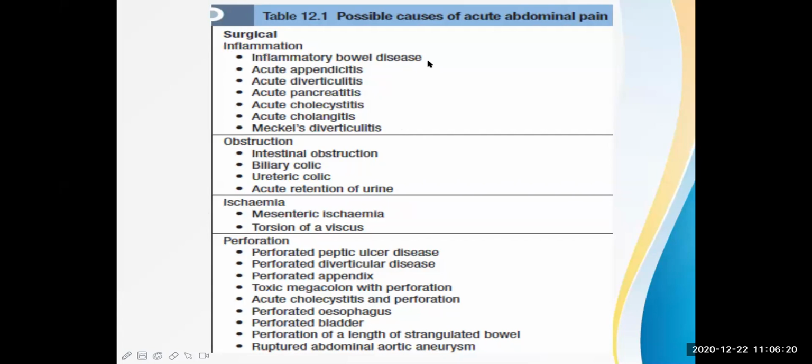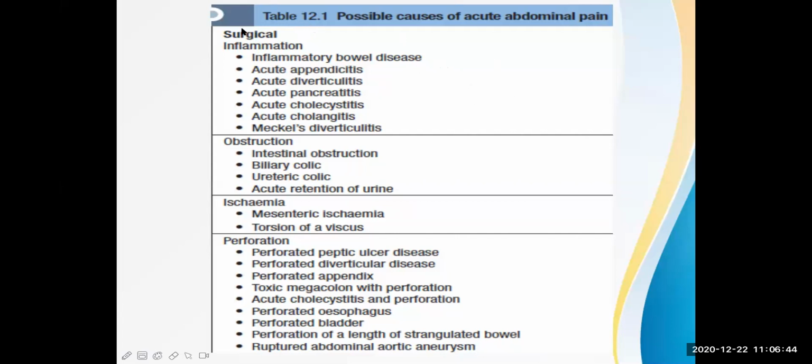What are the two types of inflammatory bowel disease we have? Crohn's disease and ulcerative colitis. Absolutely. So they can cause acute abdominal pain.